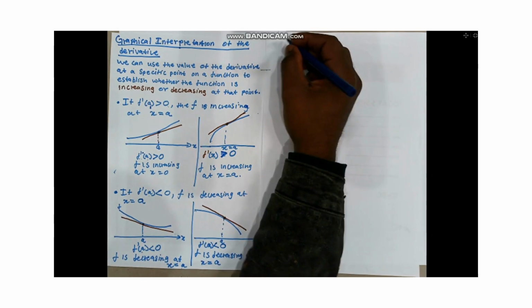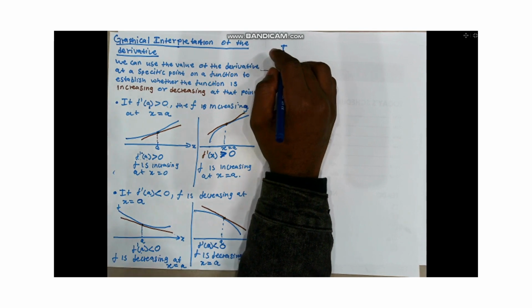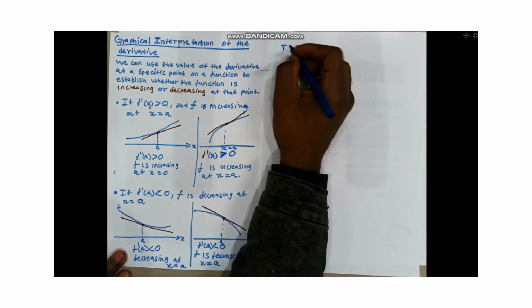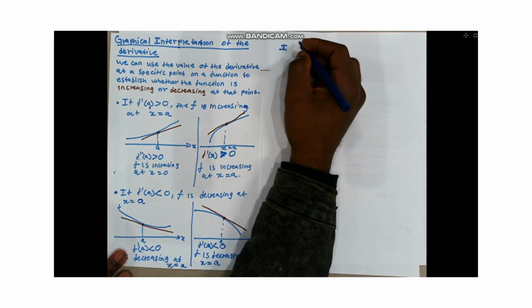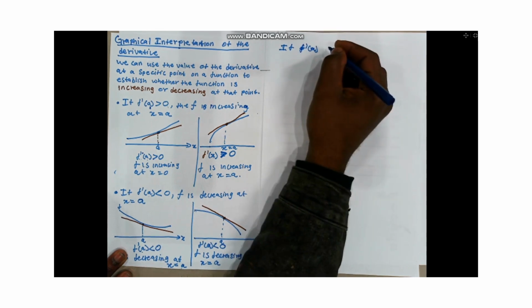Coming to this one now, you must make sure you know that f prime of a is a gradient. F prime is where we're saying the derivative is equal to the gradient.